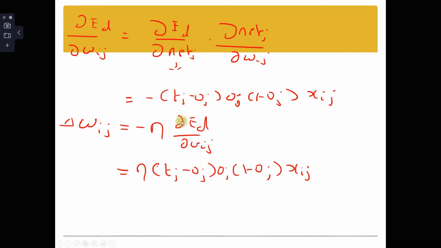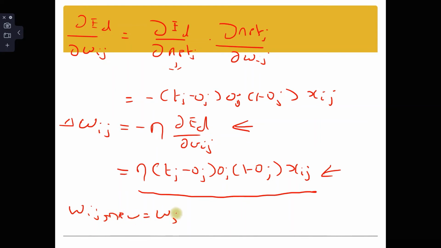gradient descent method. The gradient descent method states this, that you need to take negative eta del ed by del wij. And through that del ed by del wij, we've come up with a rule that makes it easier for us to obtain updated weight. So our new weight wij, let's call it like this, new is equal to wij, correct?